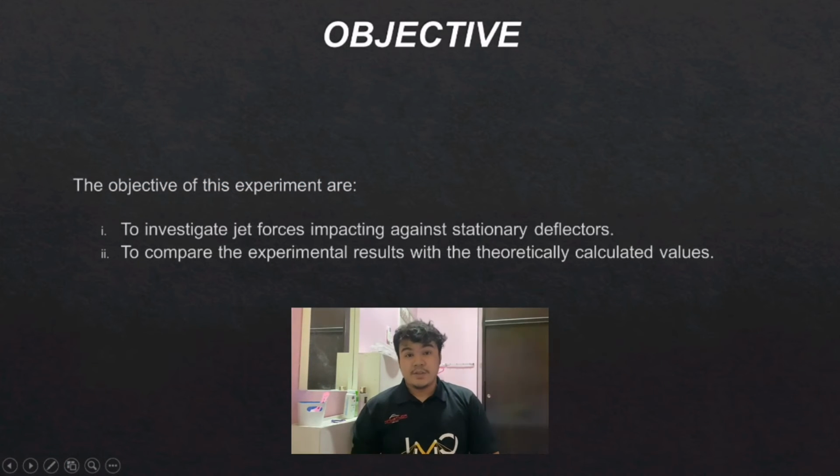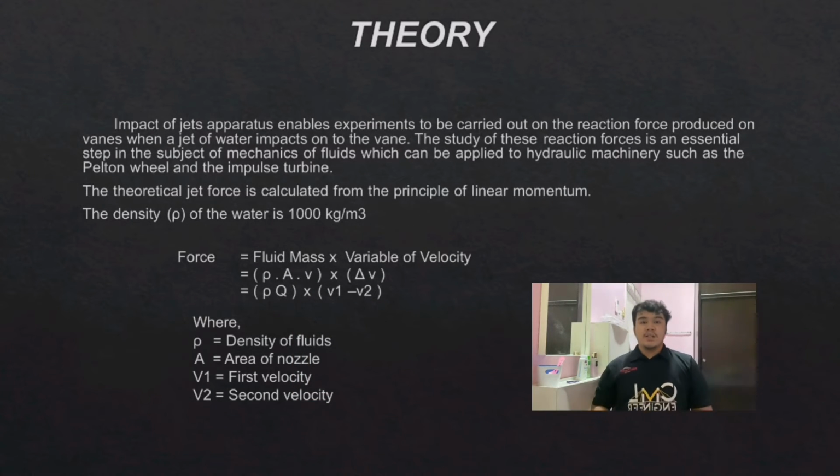Okay guys, the objectives of this experiment: number 1 is to investigate jet force impacting against stationary deflectors. Number 2 is to compare the experimental result with the theoretically calculated values. The next one is theory.